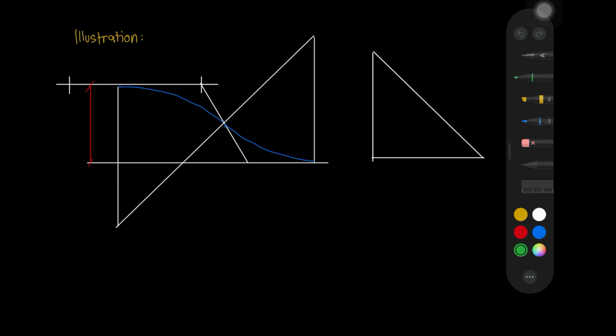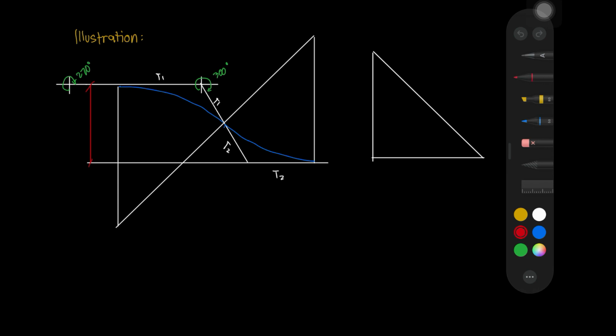I already have a pre-illustration right here. The azimuth of the back tangent is 270 degrees, so that means this is our T1. And the azimuth of our common tangent, T1 plus T2, is 300 degrees, which means this is also our T1 and this is our T2, which makes this line our T2 also.